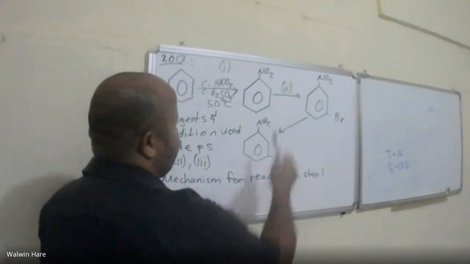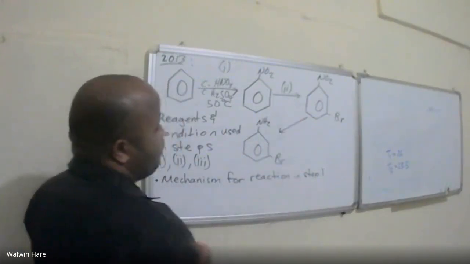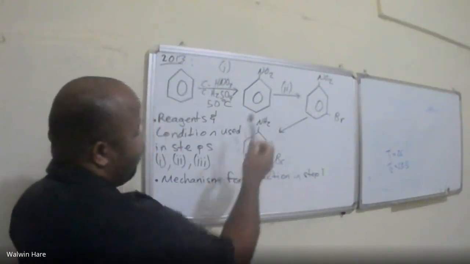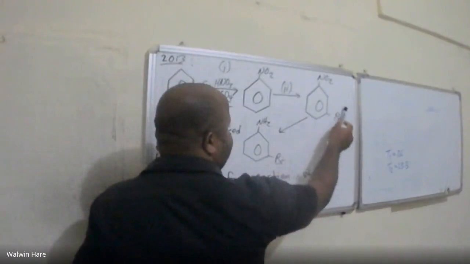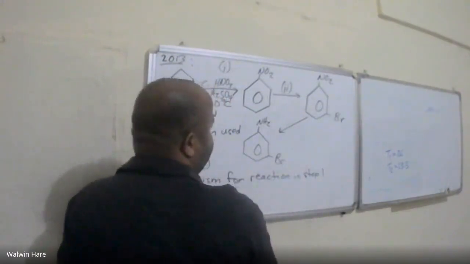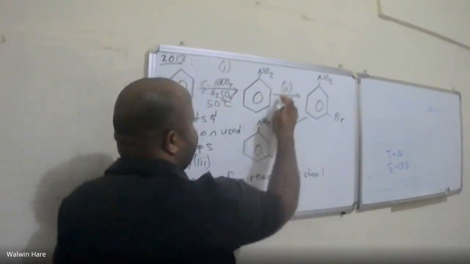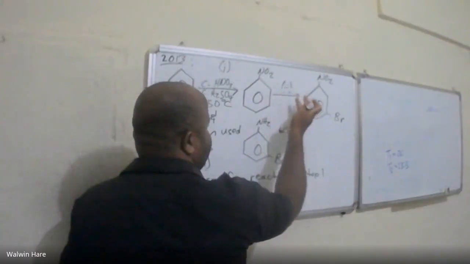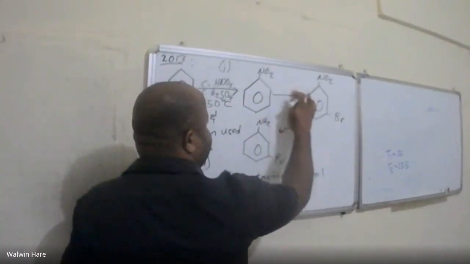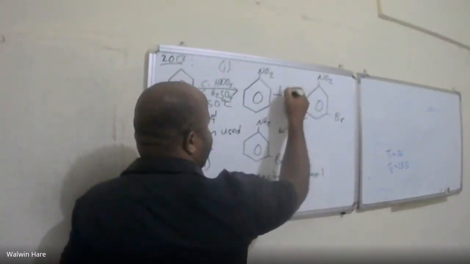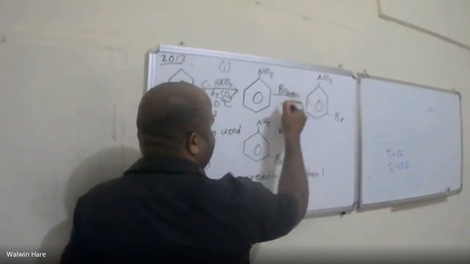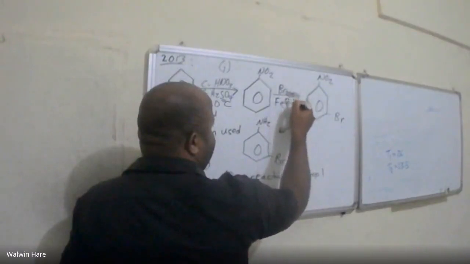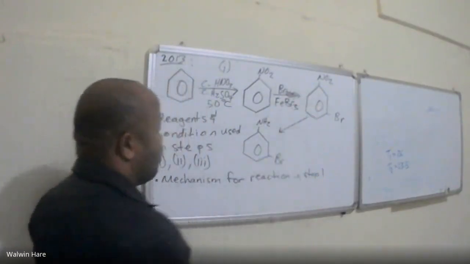And for step two, if you notice, the only thing different between this structure and this one is the addition of our bromine atom. So that would mean it's halogenation of benzene. So we are reacting it with bromine, and the catalyst is FeBr3.